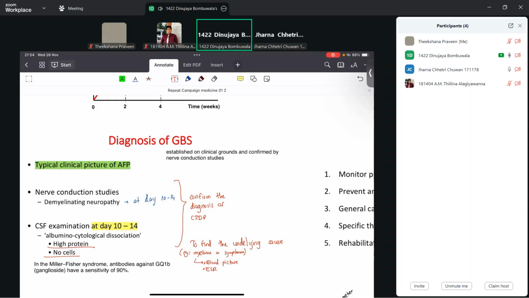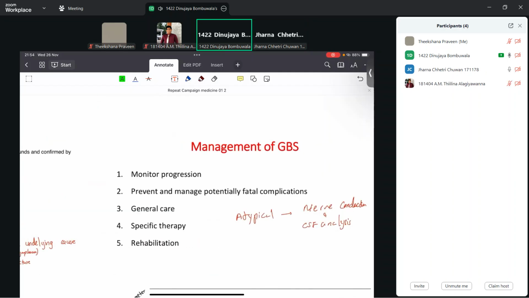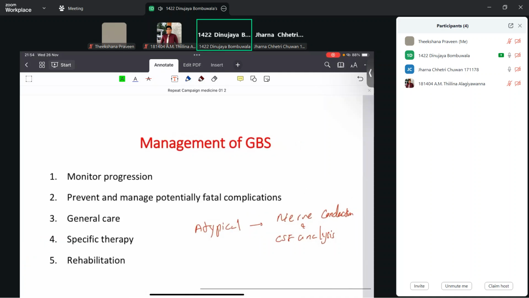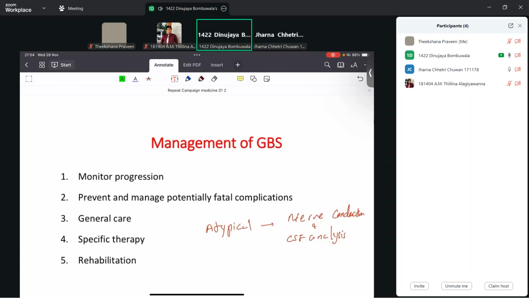Okay. So management. If you are answering for the long case also, categorize your answer and give it in a categorized manner, so we can give a proper and structured answer which the examiners like.